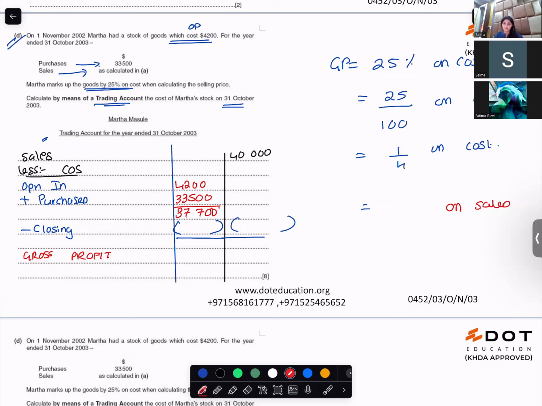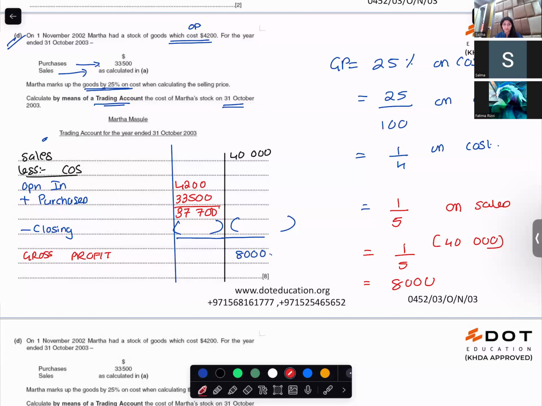So 1 by 5. It will become 1 over 5 on sales. So it will become 1 over 5 into how much? 40,000. So 40,000 divided by 5. So this will become how much? 8,000.